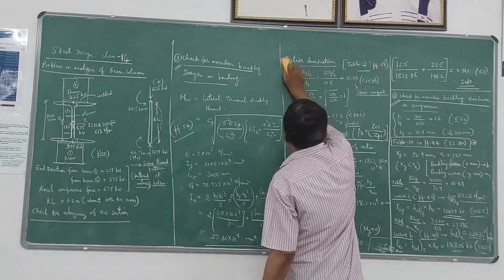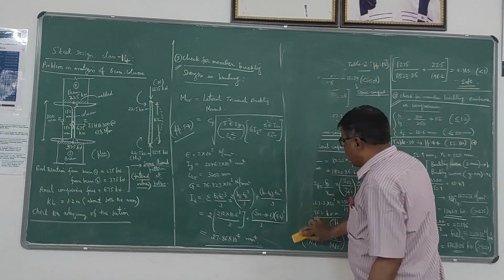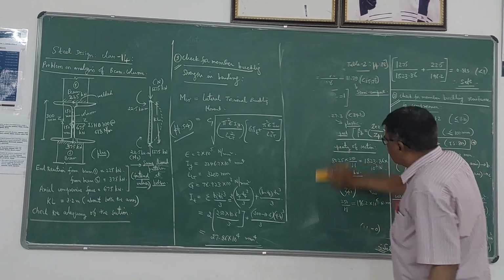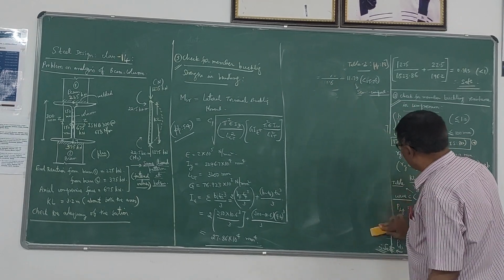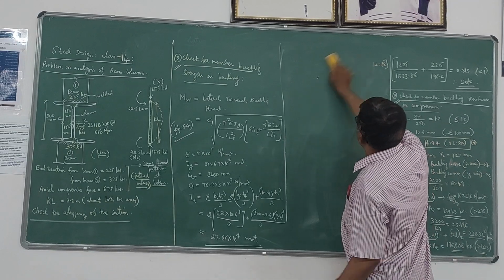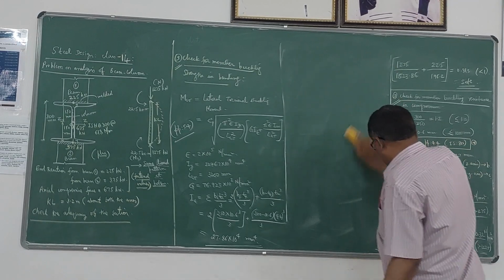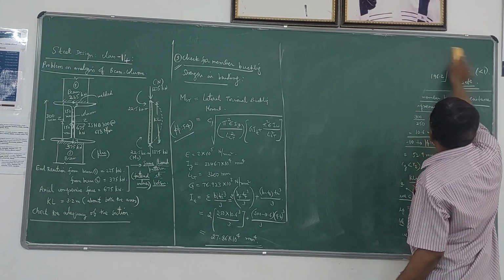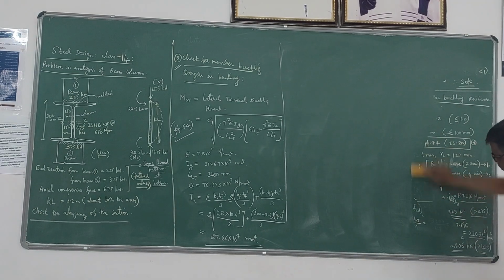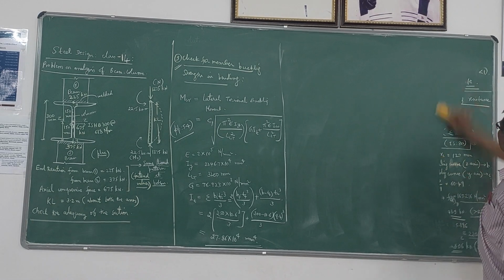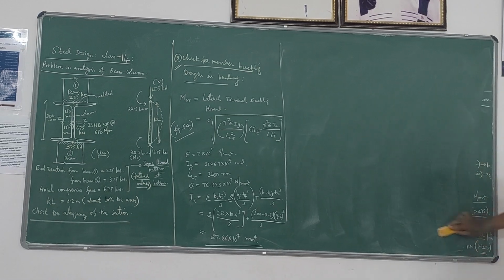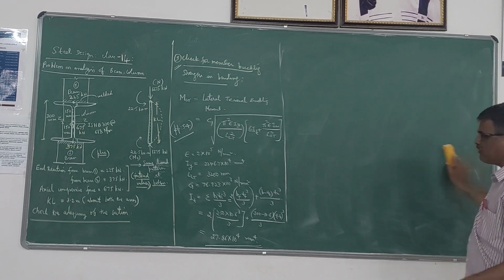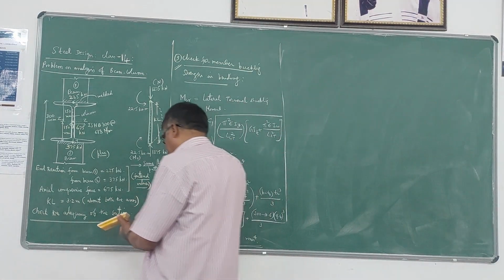Then one more constant we need, that is IW, which is called the warping constant. All this you have done in the case of design of laterally unrestrained beams. So warping constant we have to calculate, IW. The formula is given in page number 129 of the code. So warping constant is available in page number 129 of the code. IT is available in page number 54 only.